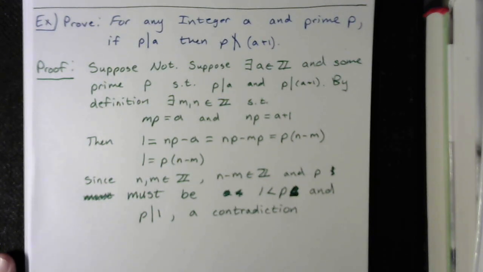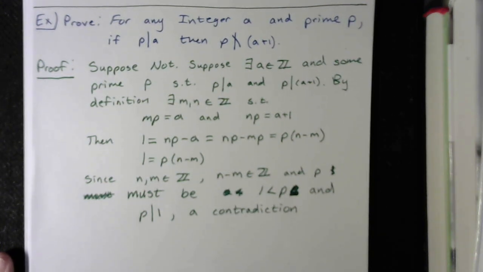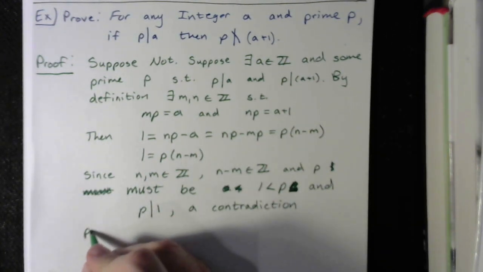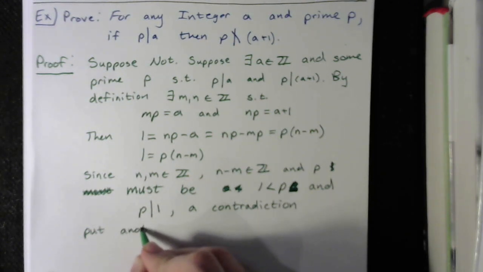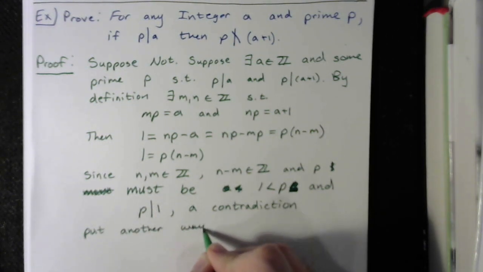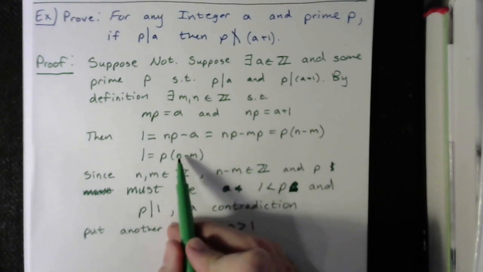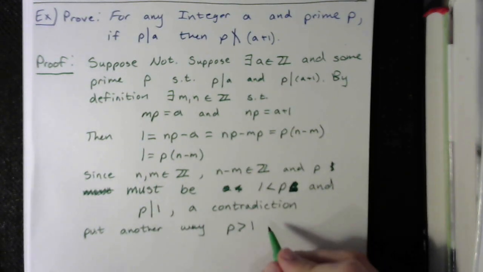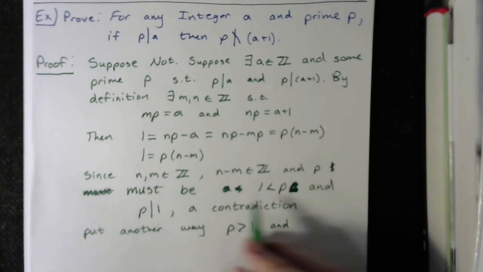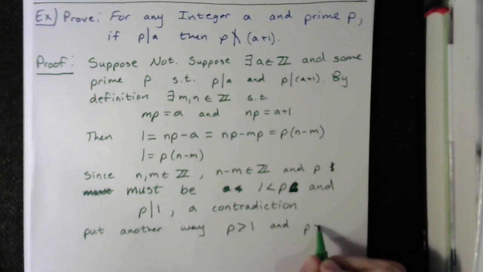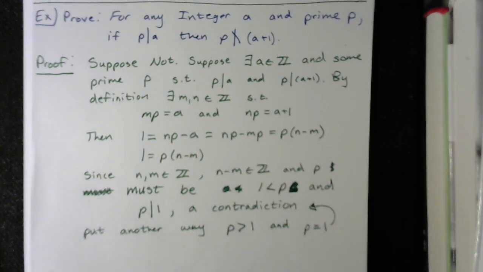So that's our contradiction. Or you can think of it, n minus m could equal 1. So put another way, we know that p is greater than 1, and if this expression, n minus m, was to equal 1 for some reason, because that's the only other case outside of what we've already said here, it would be p greater than 1 and p equals 1, which is still a contradiction.